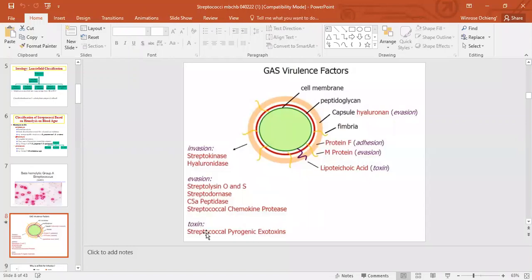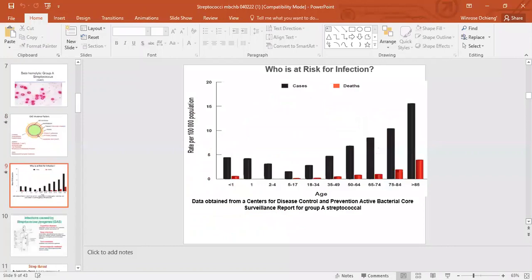Others produce toxins, and these toxins are the ones that help the bacteria to cause infection, proliferate, and be able to cause disease. So these are virulence factors, and they are very important in this genus to help them to cause infection.